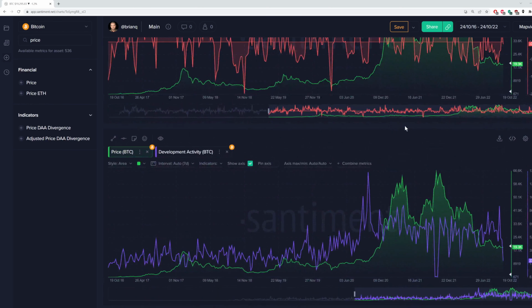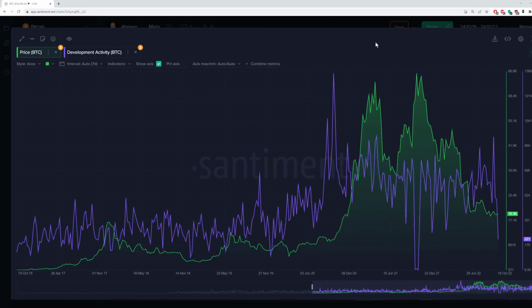And then finally, development activity. Development activity is essentially telling us what the overall amount of GitHub activity is on the asset's network. When there is a lot of development activity, it generally is a validator that the team behind it, whoever's behind Bitcoin or any asset, actually believe in the asset's future.